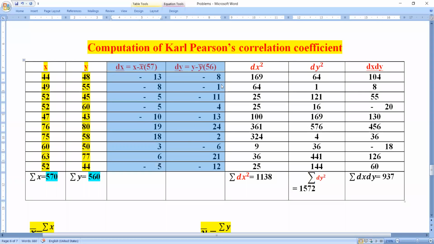Here 13 into 8 is 104, 8 into 1 is 8, minus into minus is plus, 5 into 11 is 55, 5 into 4 is 20, 10 into 13 is 130, 19 into 24 is 456, 18 into 2 is 36, 3 into minus 6 is minus 18, 6 into 21 is 126, 5 into 12 is 60. So the total value of sigma dx dy is 937.